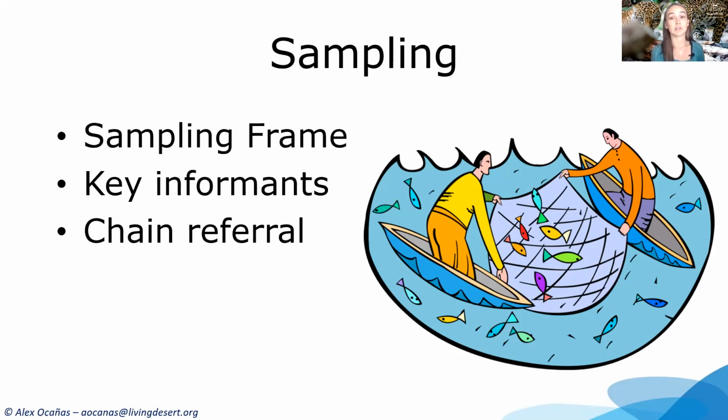Whereas chain referral is a more useful metaphor, I think, because it reminds you that as the researcher, as the person with the plan, you've connected your plan to previous literature and theories and best practices, you should also be able to direct the path of the sampling that you do.